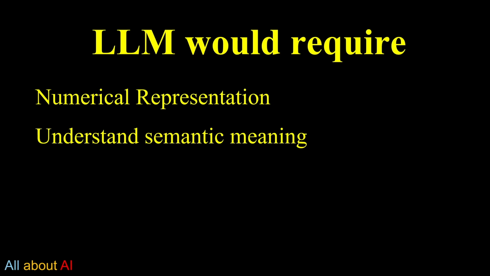So we have to find a way to tell these algorithms or models that this is the meaning of this particular word, or that some of these words mean almost similar things.